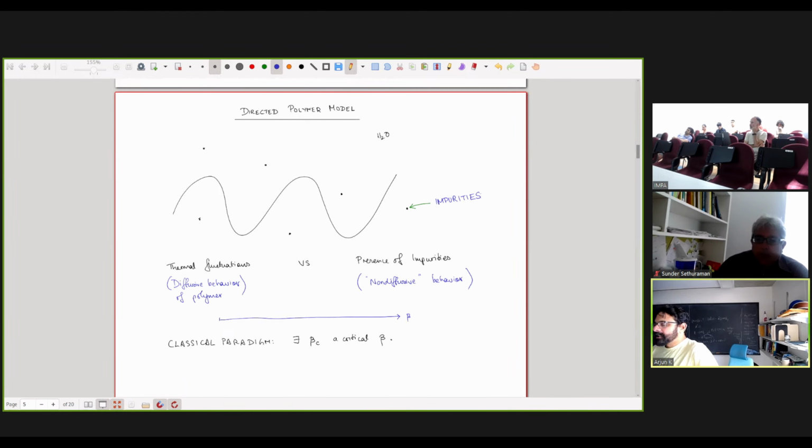Okay. And so the polymer is typically attracted to these impurities, experiences some attraction, and it also experiences collisions with water molecules.